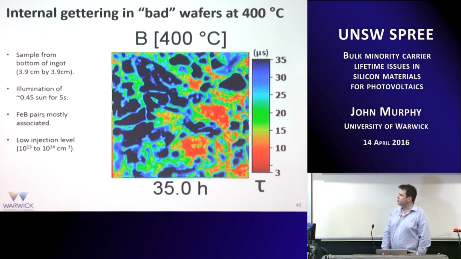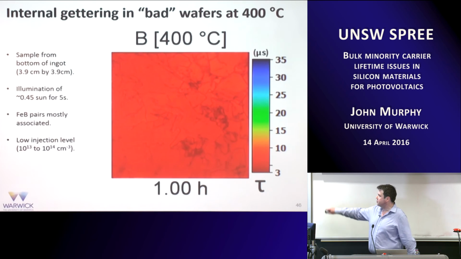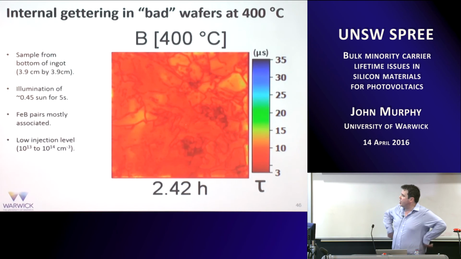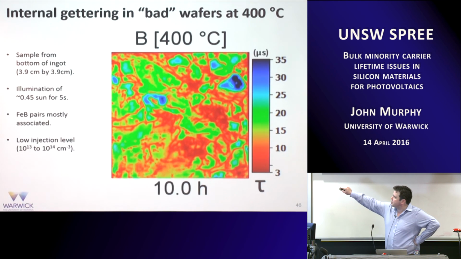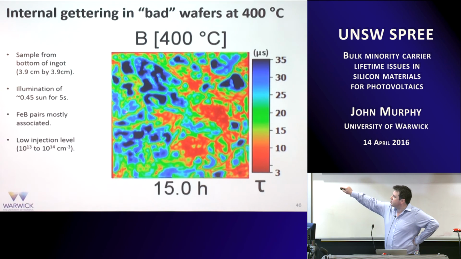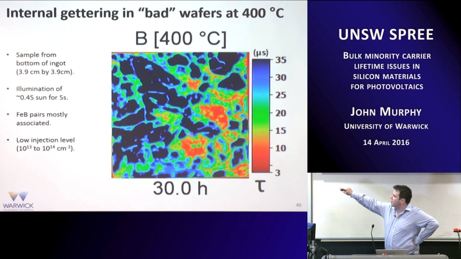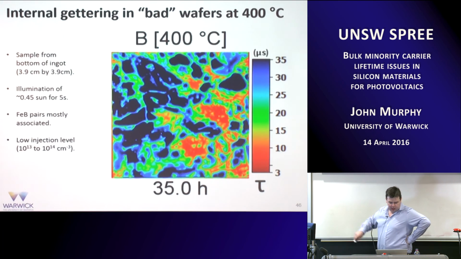So this is one wafer. You take the as-grown wafer, the lifetime's generally bad. And what happens with annealing time at 400 degrees C is that the bulks of these grains start becoming good, and certain regions stay bad or even get worse.